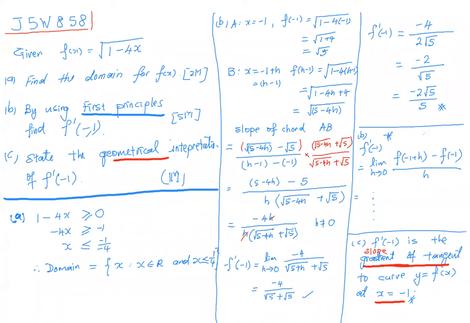Are you okay? Okay. There is someone who requested me to do the first principle for this function. You want to find f prime 3. This is in one of your SAT, and the function is f(x) = x over 1 minus x. So I still do the same thing.